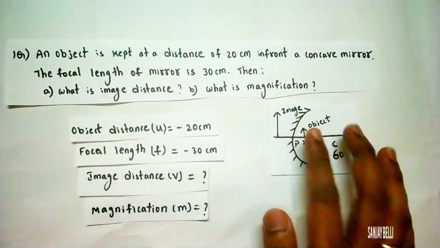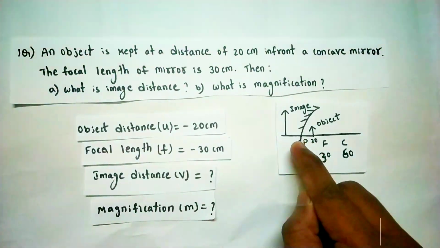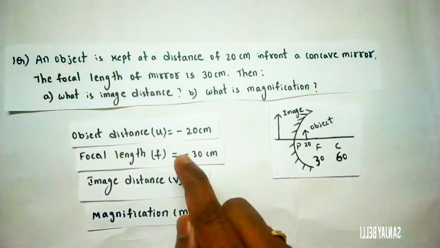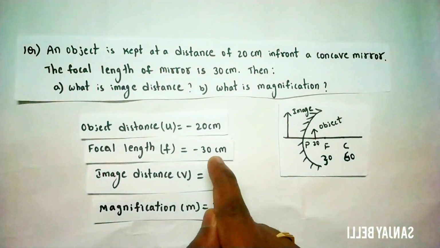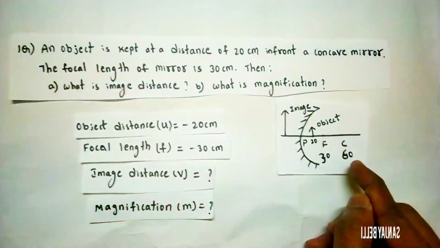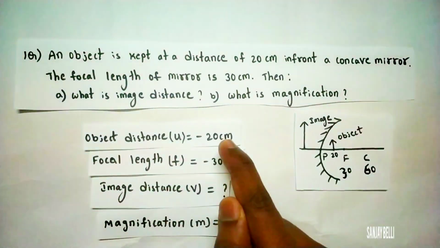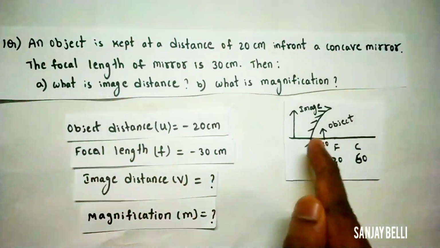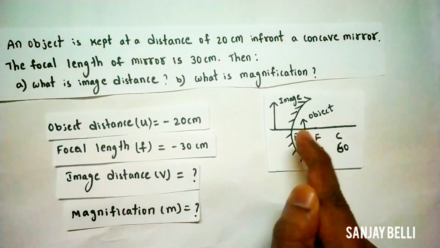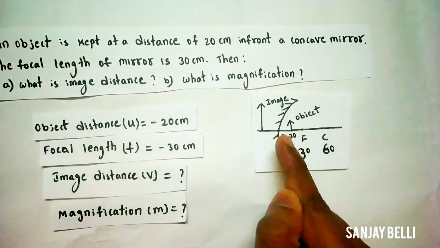So here you have your concave mirror P, F, C. In the problem the focal length is given as 30, so its center of curvature will be 60, and object distance U equals to 20 centimeters. So 20 will be coming before focal length, before 30 only 20 will be present.